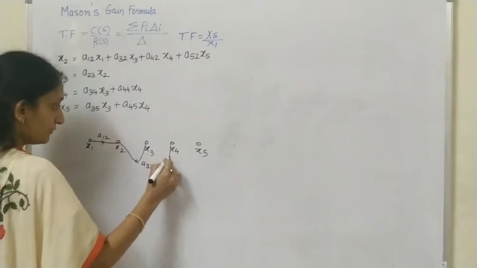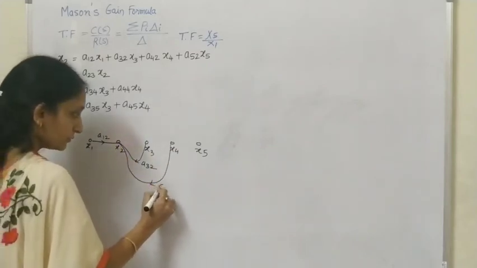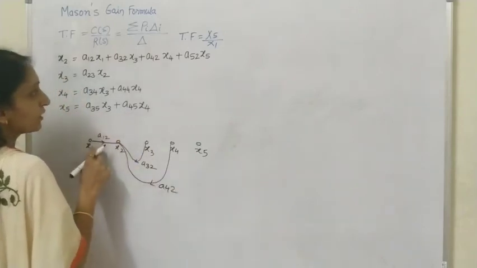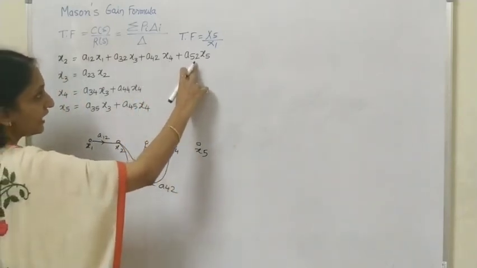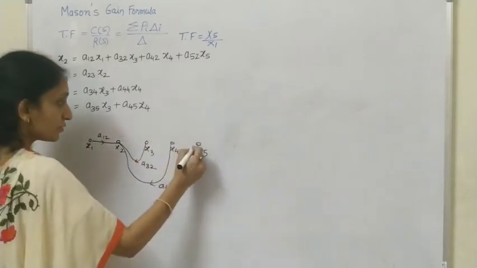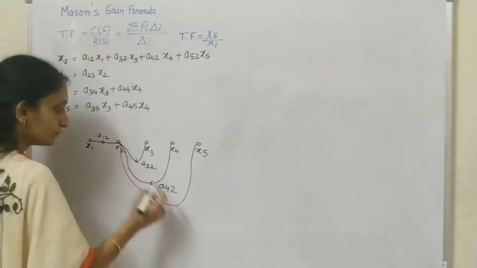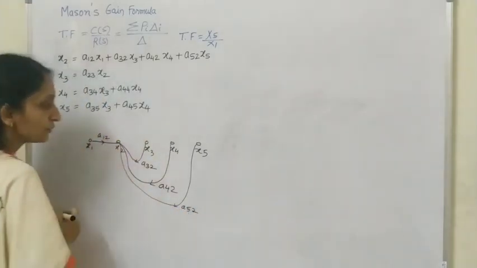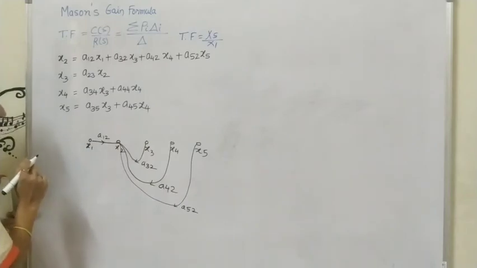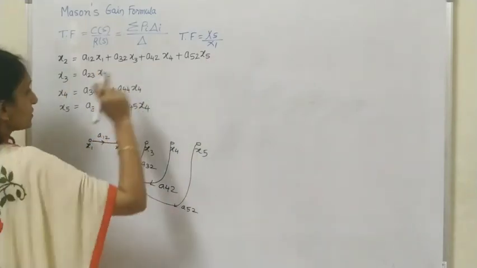So I will draw like this, a42 x4. Then a52: the third signal is also coming from 5 to 2, so I will write a52 x5. So we have completed equation number 1.